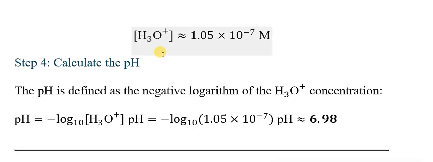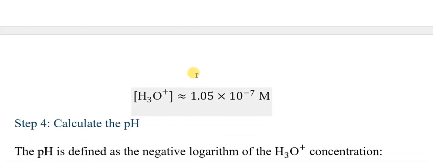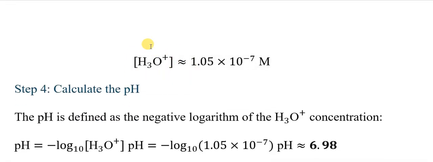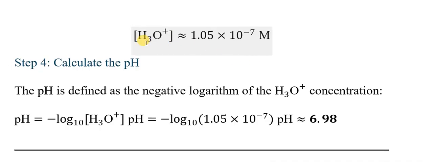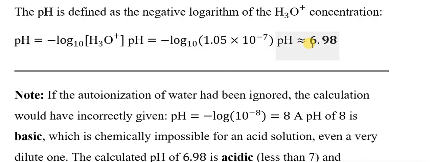The value of X is equal to the hydronium ion concentration, which is 1.05 times 10 to the minus 7 molar, and we can calculate the pH. We know that pH is the negative log of the hydronium ion concentration. After putting this value in place of the hydronium ion, the pH is equal to 6.98.